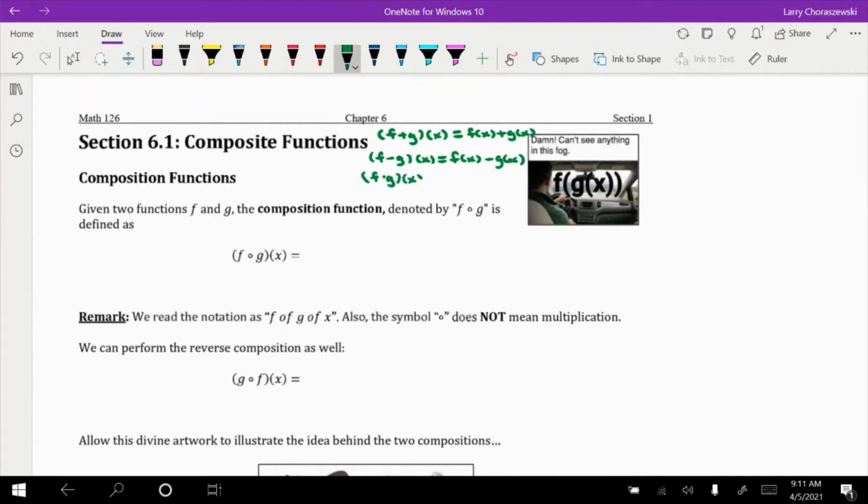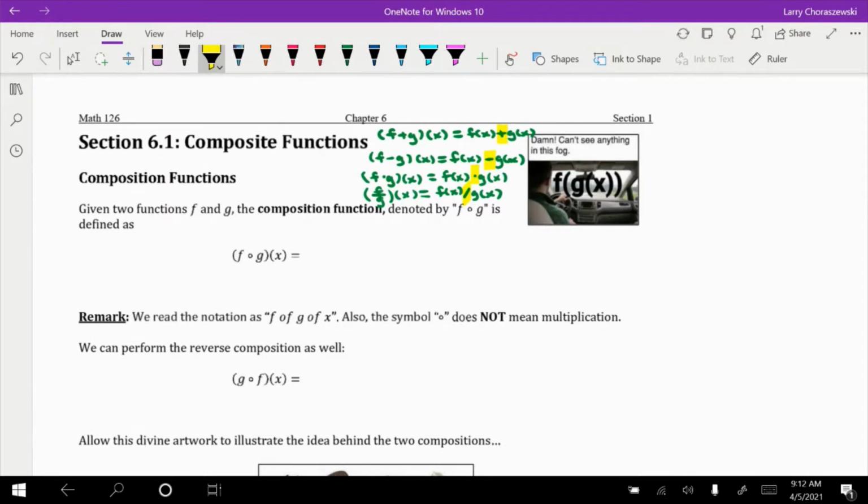If we want to multiply two functions, we could write it out this way, f times g of x, which is the same as f of x times g of x. And of course, if we wanted to divide two functions, we could write that as f over g of x, which is basically take the function f of x and write it on top of g of x. So these are the basic arithmetic operations that we can do with functions: addition, subtraction, multiplication, and division.